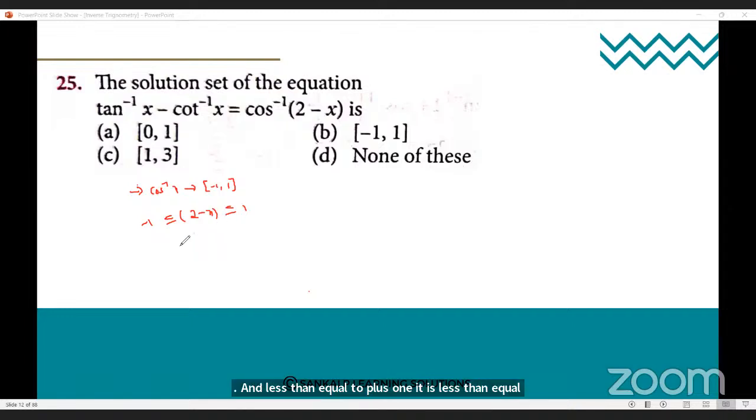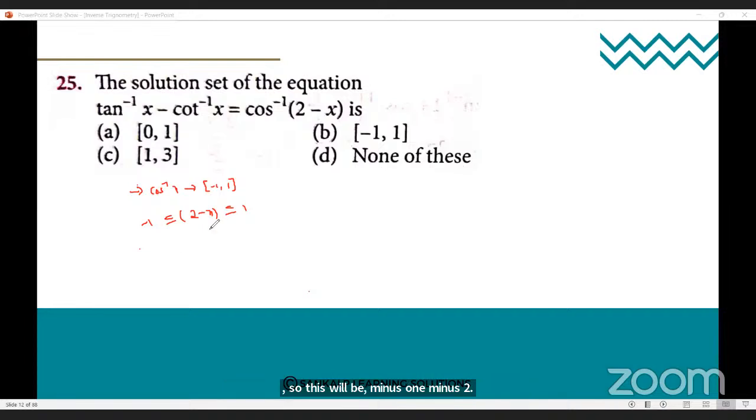So on simplifying it further, we shift the 2 to the LHS, so this will be minus 1 minus 2.